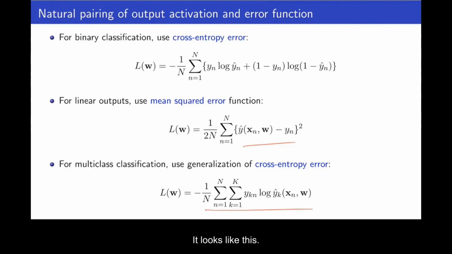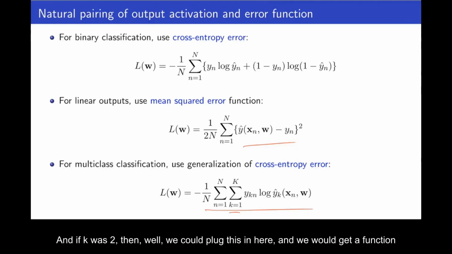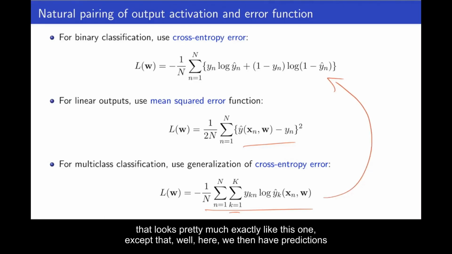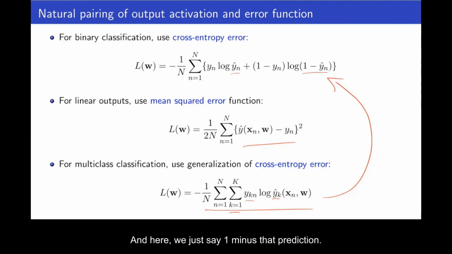It looks like this. And so here, if we actually have k classes, then we write it as a sum. And if k was 2, then we could plug this in here and we would get a function that looks pretty much exactly like this one, except that here we then have predictions for the class 1 and for the class 2, whereas here we only have predictions for the 1 class, and here we just say 1 minus a prediction.